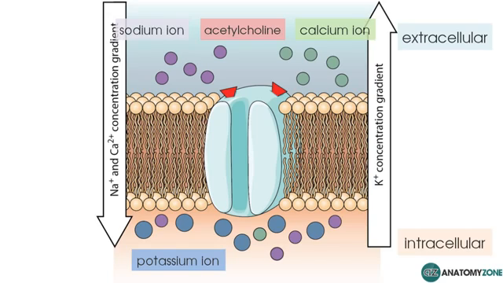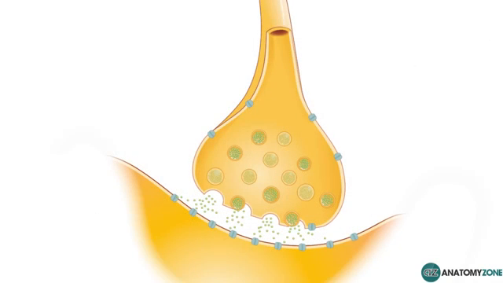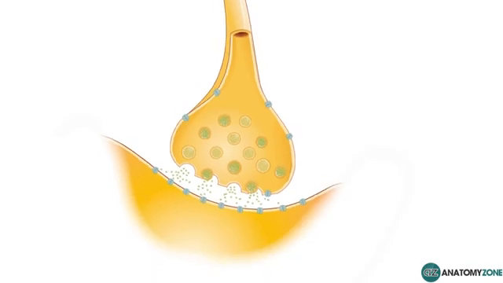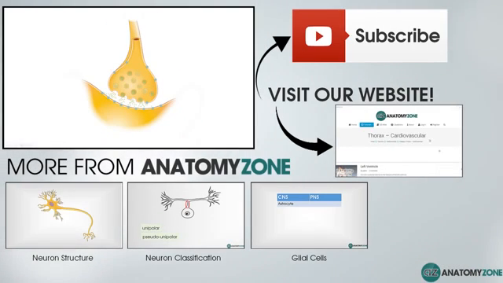And in contrast, you've got the potassium ions, which flow down their gradient out of the cell. So these changes in ionic concentration may allow an action potential to be generated and for another signal to pass down the postsynaptic neuron. So that's a brief look at the structures of the synapse and the basis of transmission from one neuron to the next.